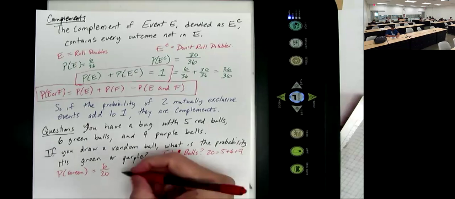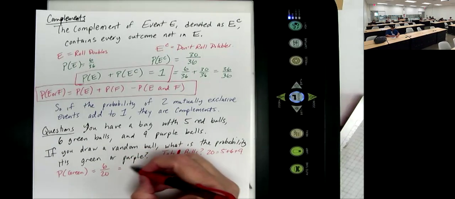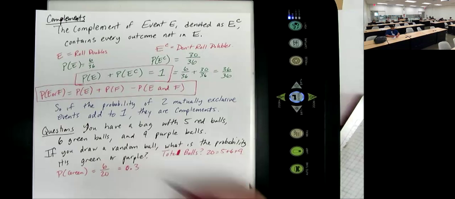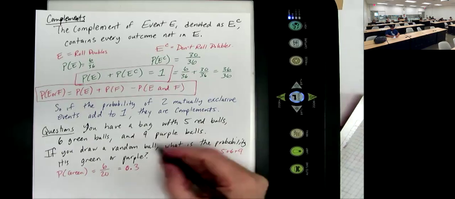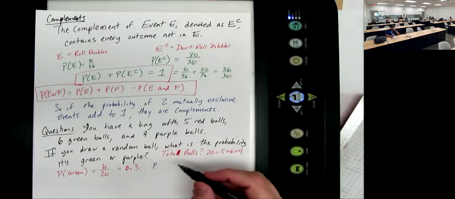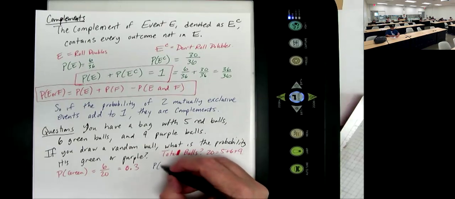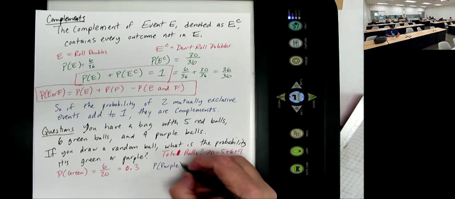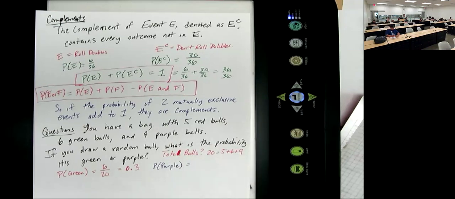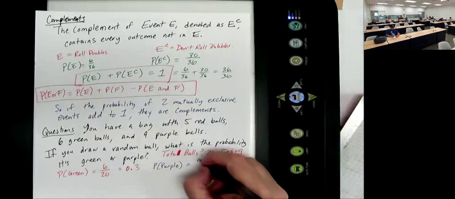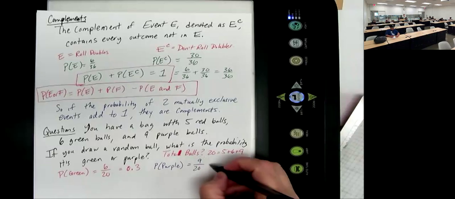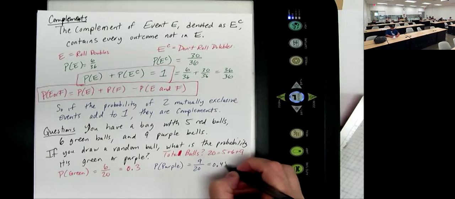And they might have you turn this to a decimal. This is 0.3. What's the probability of a purple ball? There was 9 purple balls out of a total of 20. If you throw that into a calculator, you're gonna get 0.45.